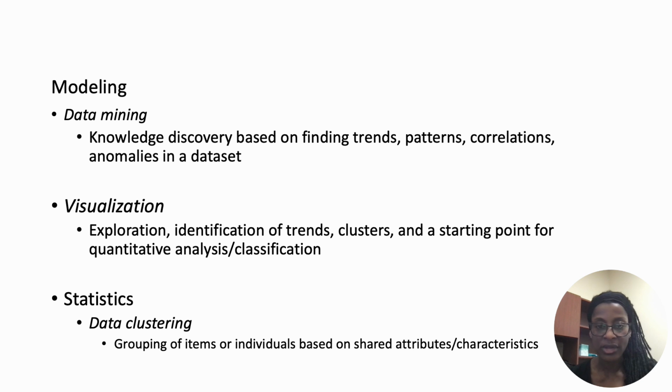Visualization, exploration, identifying trends visually, and looking at quantitative classification, so grouping of certain clusters of characteristics. So data clustering really allows you to group items or individuals that share various attributes. These are all various types of models that are used in AI-based modeling.